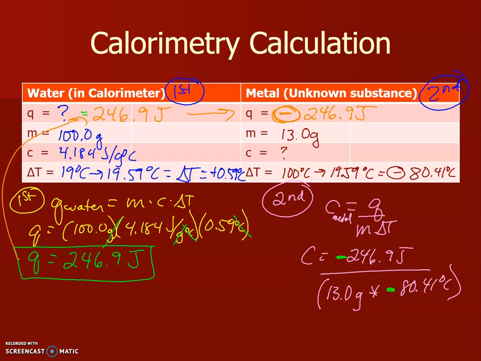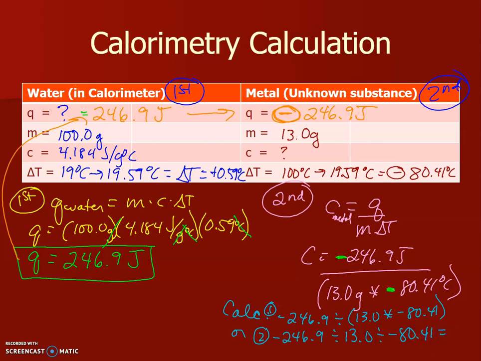So what I'm going to do is put this in my calculator by putting negative 246.9 divided by 13 times negative 80.41, close parentheses, or option 2, like we saw in the previous video, negative 246.9 divided by 13. Oops, go back here. And since there are two numbers in the denominator, divide by the second one also.